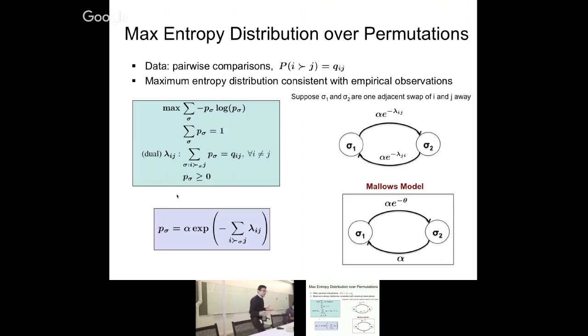And Mallows is a special case of this max entropy distribution over pairwise comparisons. That was the point that I wanted to bring out earlier.